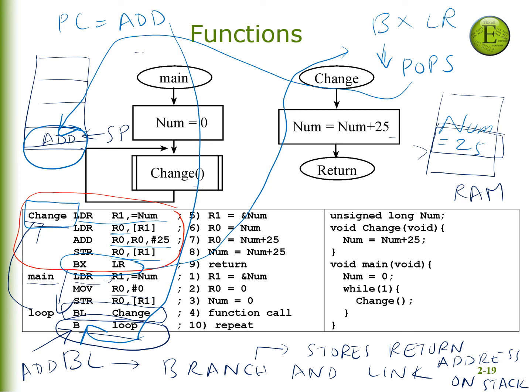So now the program counter, which tracks the address of the next instruction to be executed, has a value pointing to the address of this instruction.